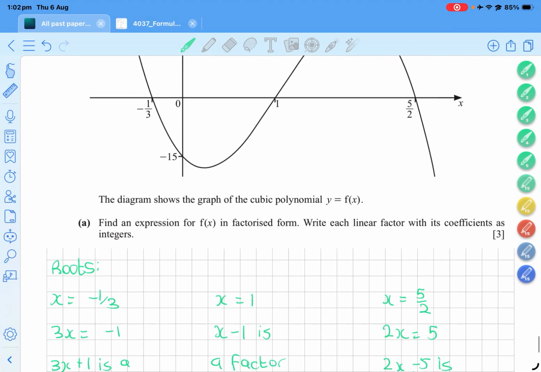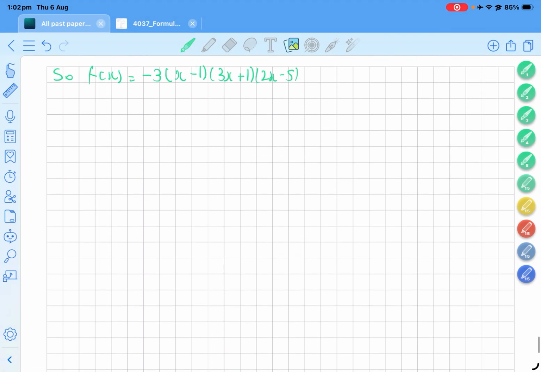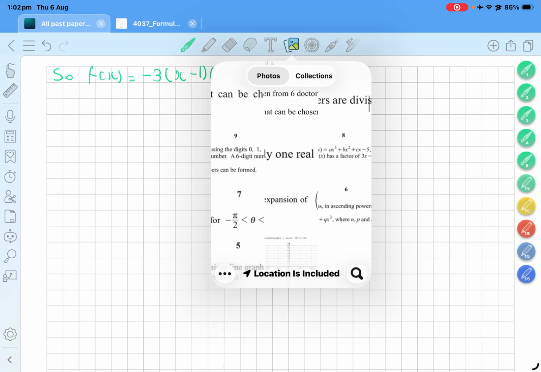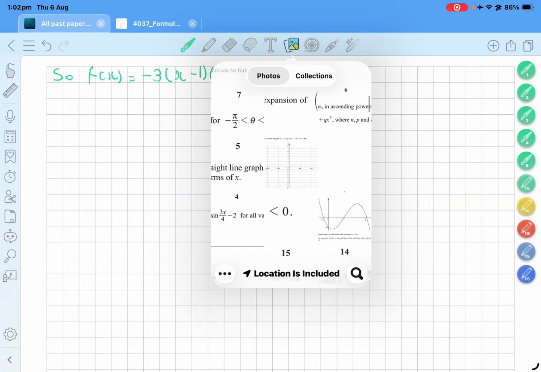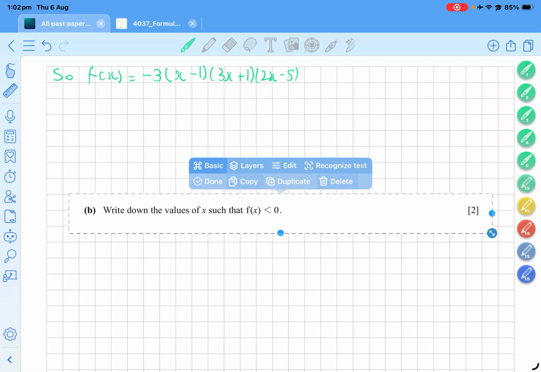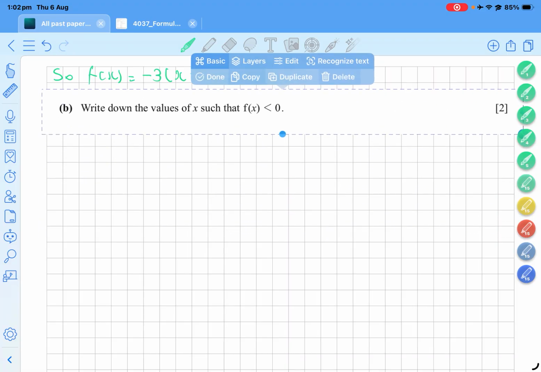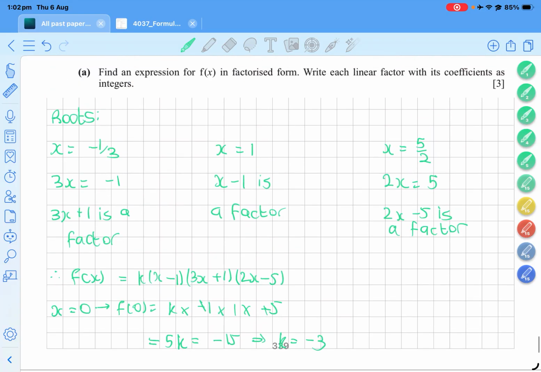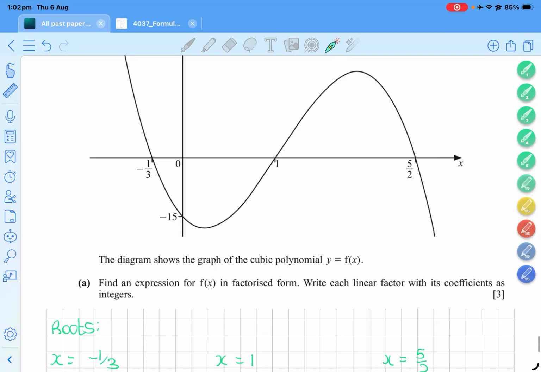Okay, then for question 1 part B, write down the values of x such that f of x is less than 0. So what is less than 0? This whole portion is less than 0, and this whole portion is less than 0. Let me highlight that.